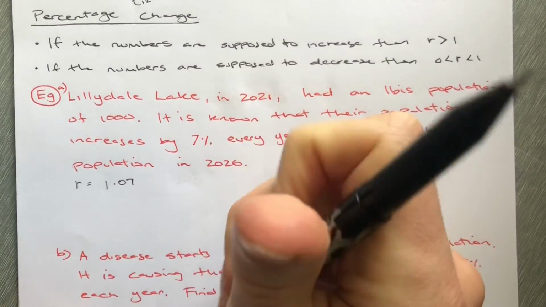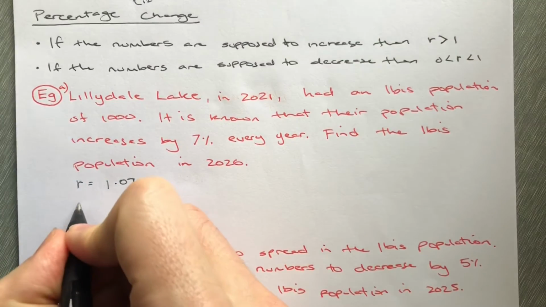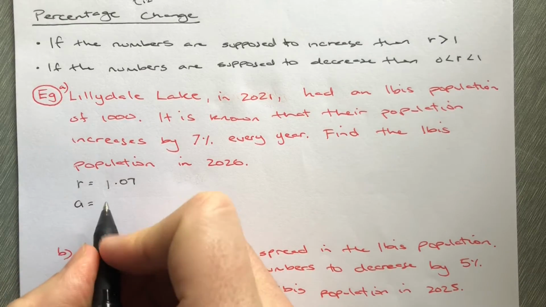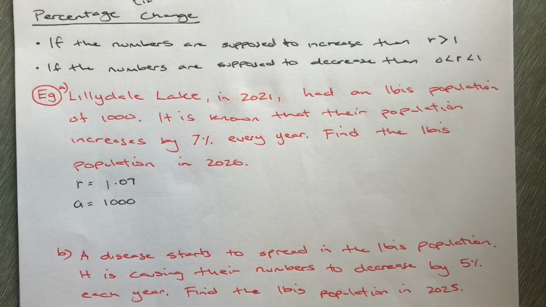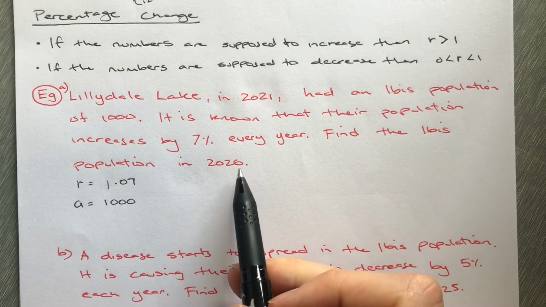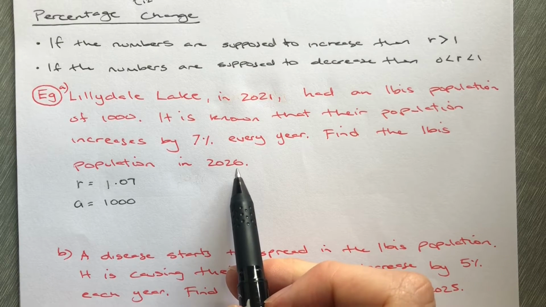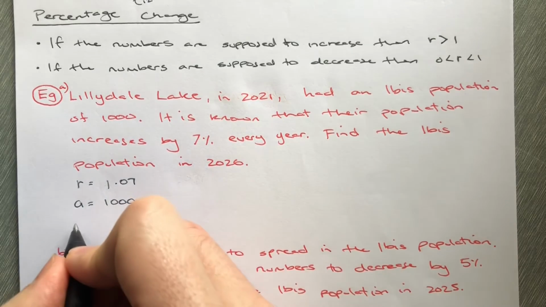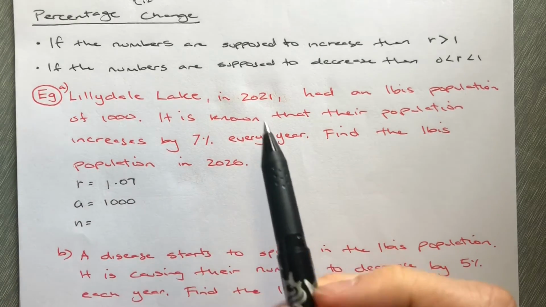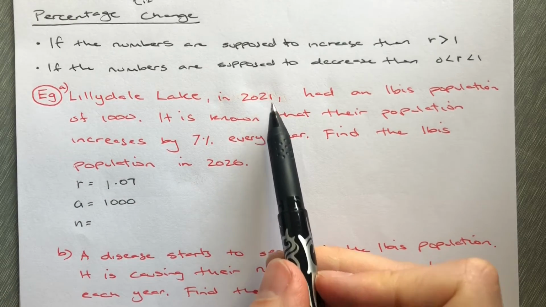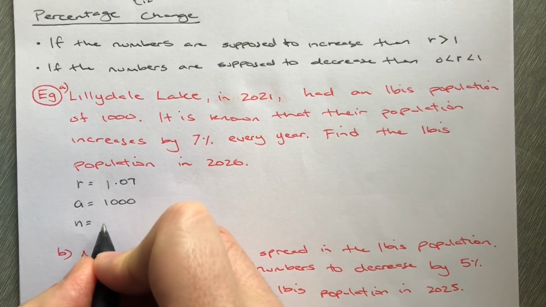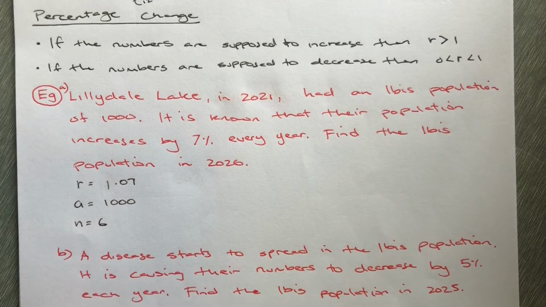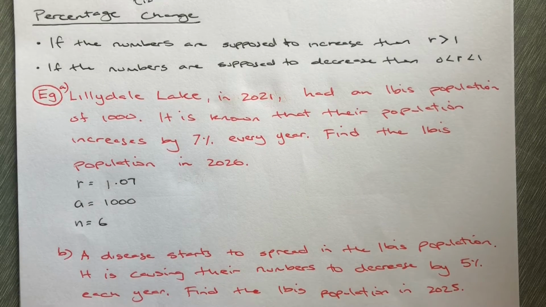Another thing that we need is our A value, which is the first term. It told us that we start with 1,000. And we want to work out how many there's going to be in 2026. So our n value: if the first value is in 2021, 2026 must be 6. Now we just need to put this into the formula.